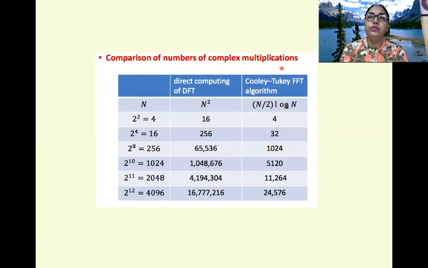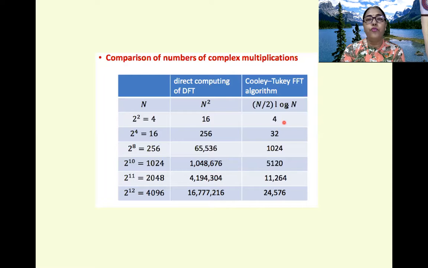Now this shows a comparative study of how the FFT works and how it is better than the DFT. N is the number of elements or variables being processed. If there are n variables, then for the DFT the number of computational steps is n squared, whereas the Cooley and Tukey FFT algorithm requires n by 2 log n.